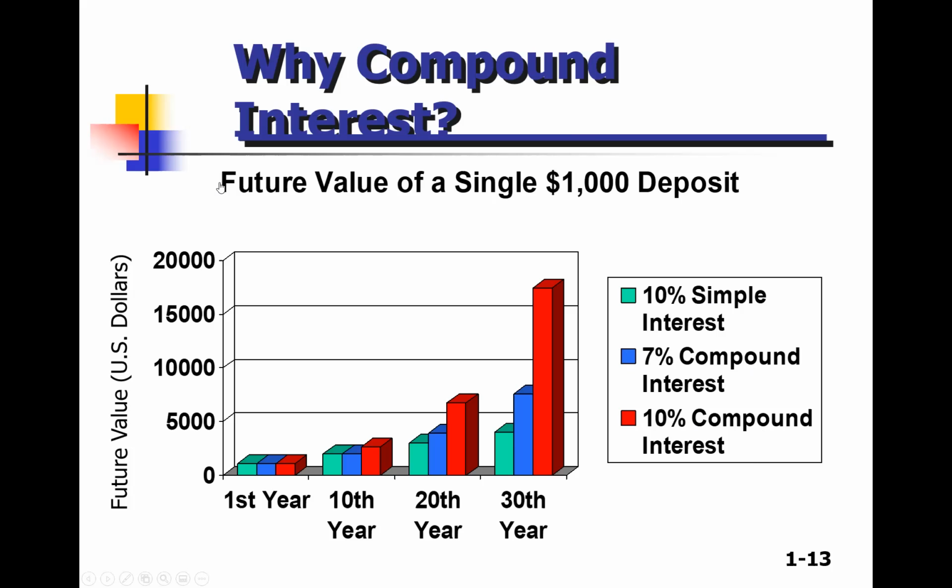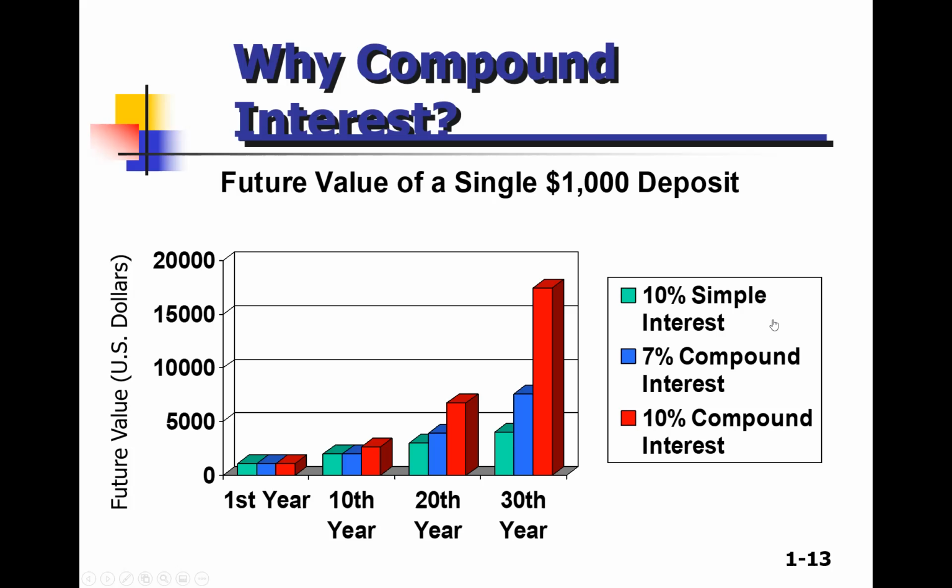And if you have deposited single deposit of 1000 in a bank account, or we can say that we have deposited three amounts of 1000 in three different bank accounts.